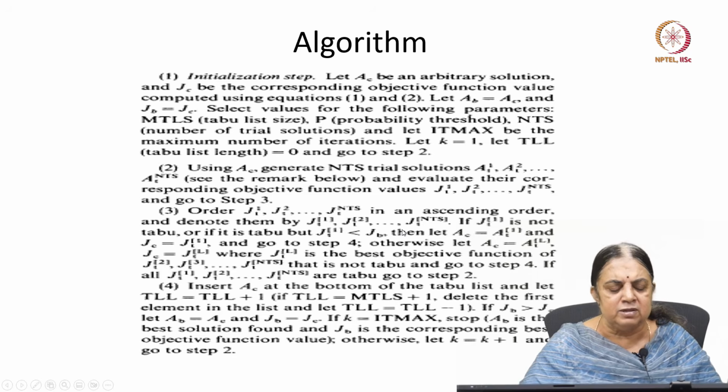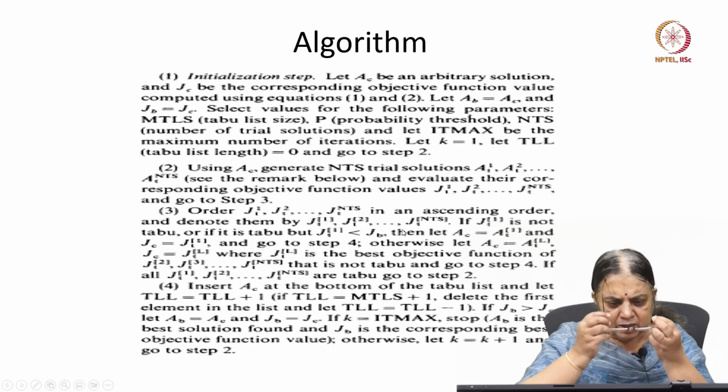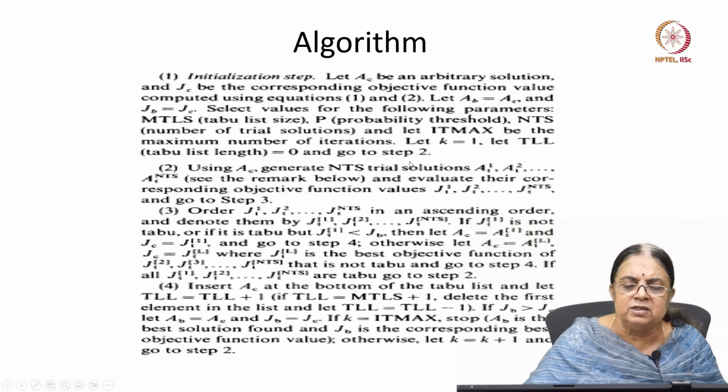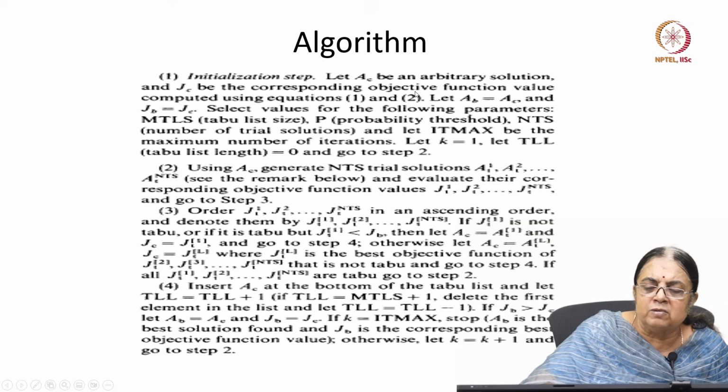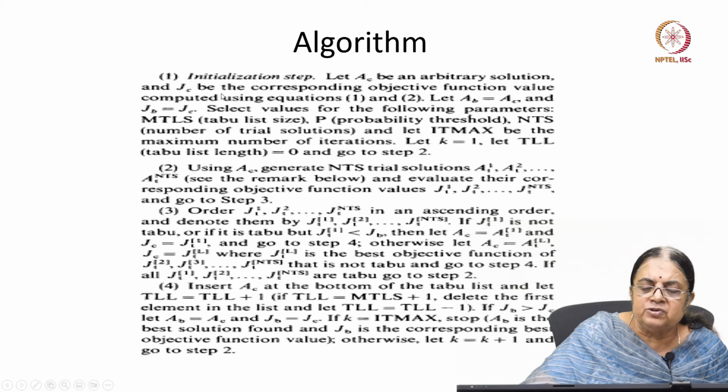So this is the algorithm which is given here. It's a little confusing. So first one is the initialization step. So you have AC and JC to be the point and its evaluation, and you let AB equal AC and JB equal JC.